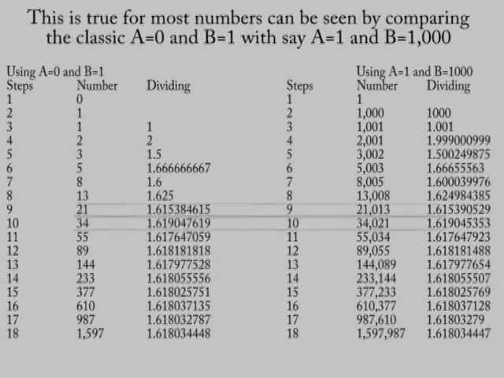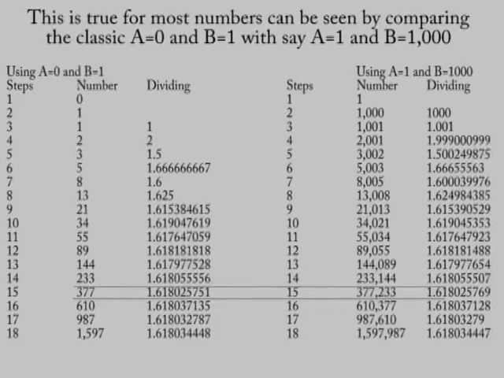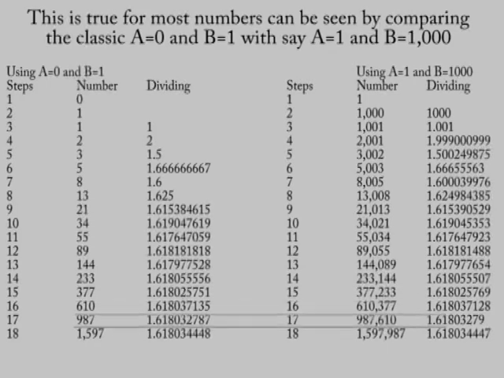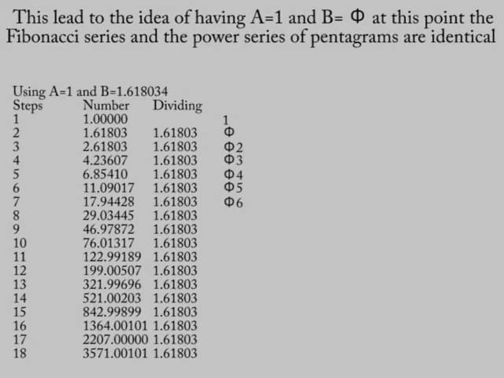This is true for most numbers and can be seen by comparing the classic A equals 0 and B equals 1 with, say, A equals 1 and B equals 1000. This led to the idea of having A equals 1 and B equals phi.